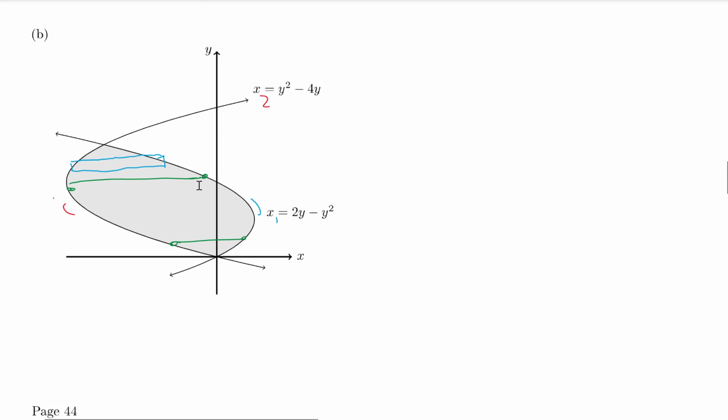So if we wanted to find the length of one of these lines, we would take this x value and subtract it from the lower x value, and that's how we're going to find, in this case, the width of our little rectangles that we're adding up, and our infinitely skinny height is going to be our delta y. So we're going to be doing this in terms of y.